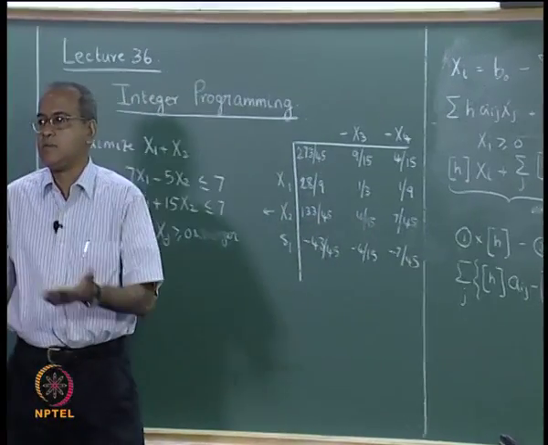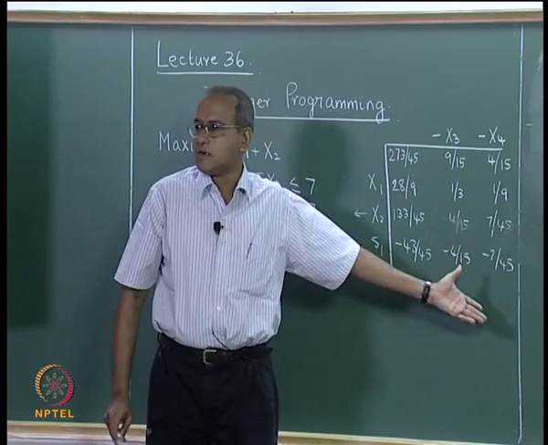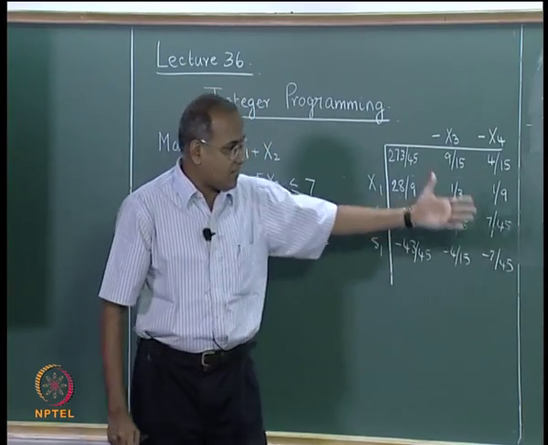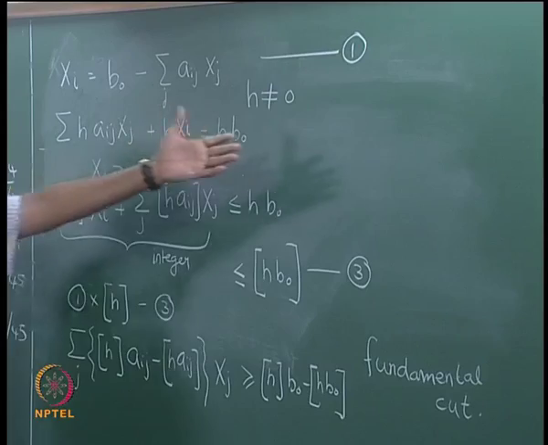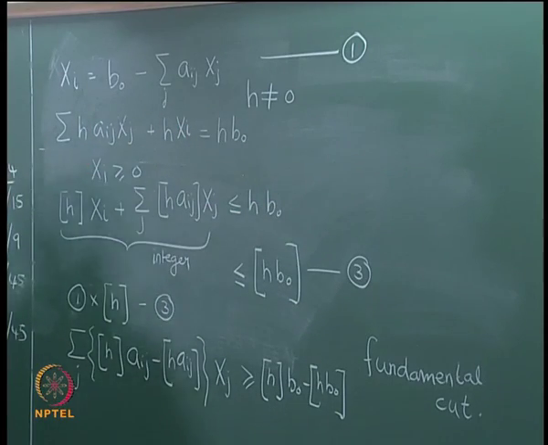No integer feasible solution will be violated by this cut, by the fundamental cut, which is a very important aspect which we understood when we were actually looking at the graphical representation of the problem. So we have to ensure that all integer points satisfy the cut, and they will, the way the cut has been written, they will satisfy.